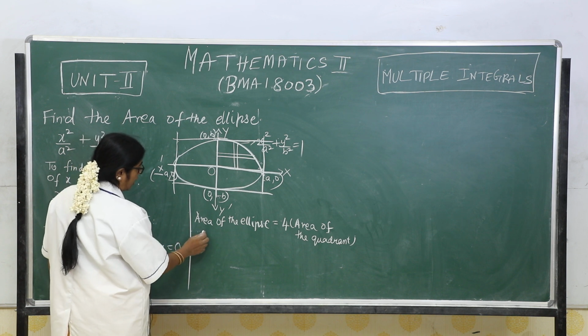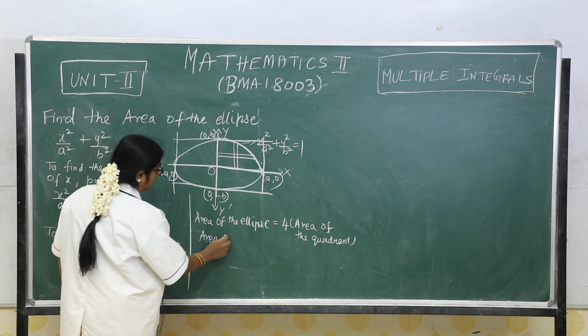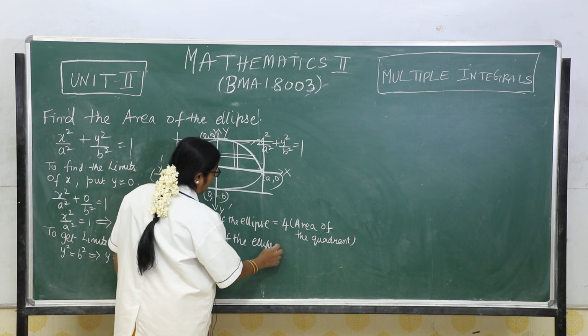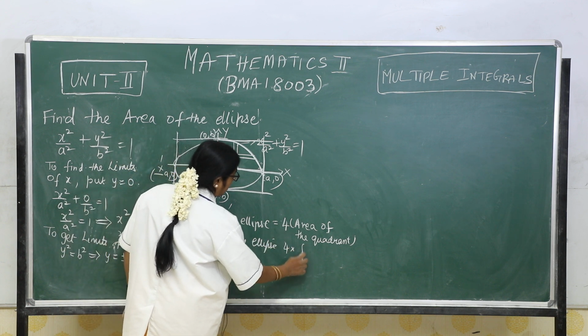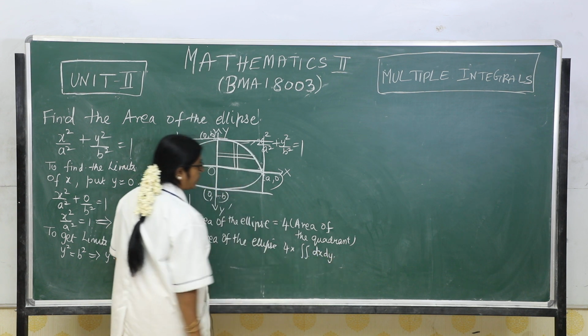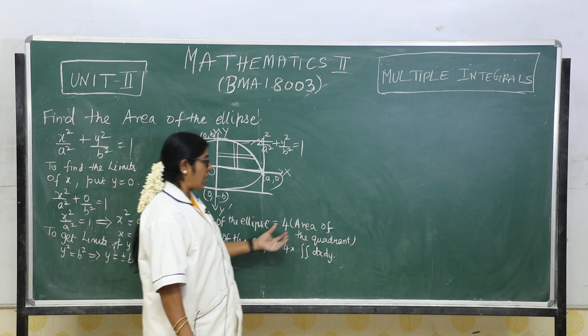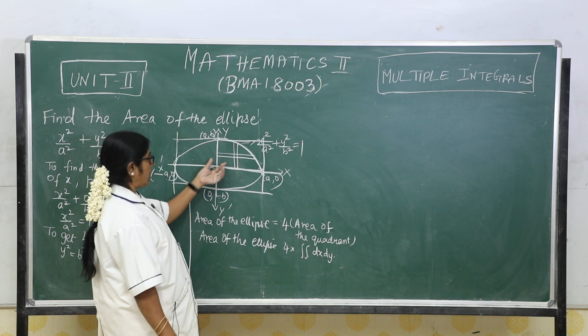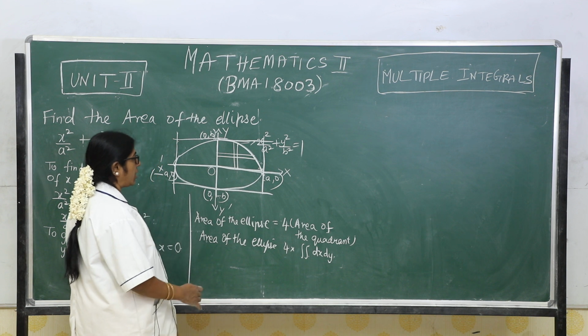Therefore, we can say area of the ellipse is equal to 4 times double integral dx dy. Area will always be given by double integral dx dy, and it is only the quadrant we are going to find out and multiply by 4.